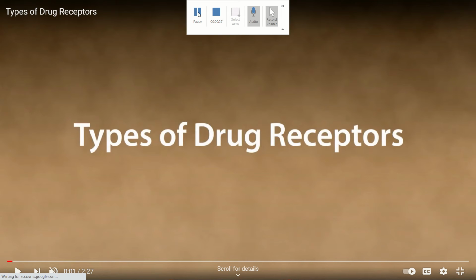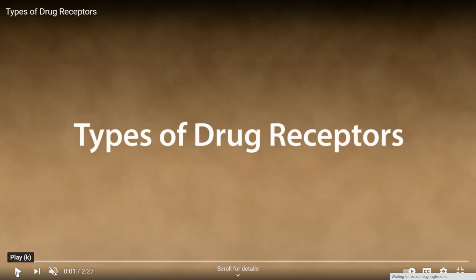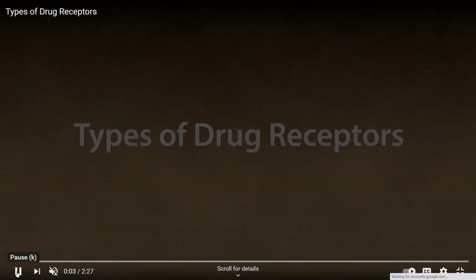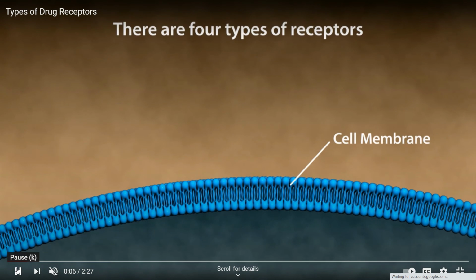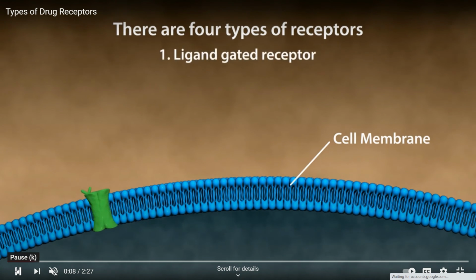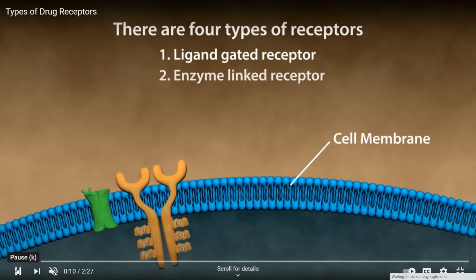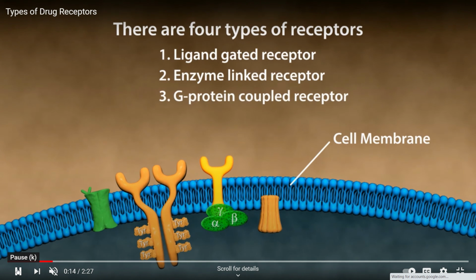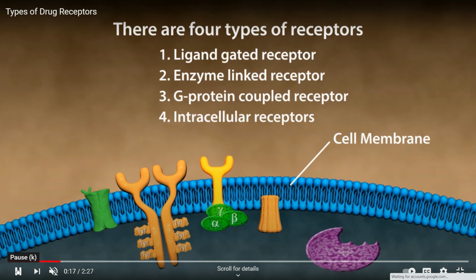Now, let's discuss the types of drug receptors. There are actually four types of receptors. We have the ligand gated receptors, the enzyme linked receptors, the G protein coupled receptors, and the intracellular receptors.